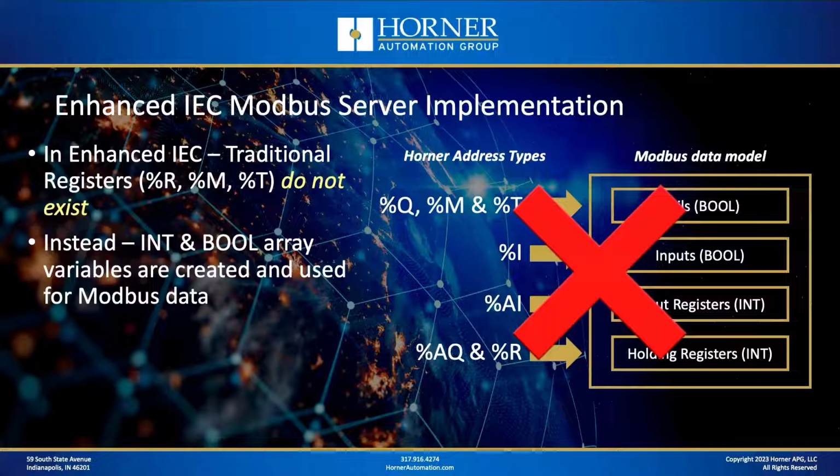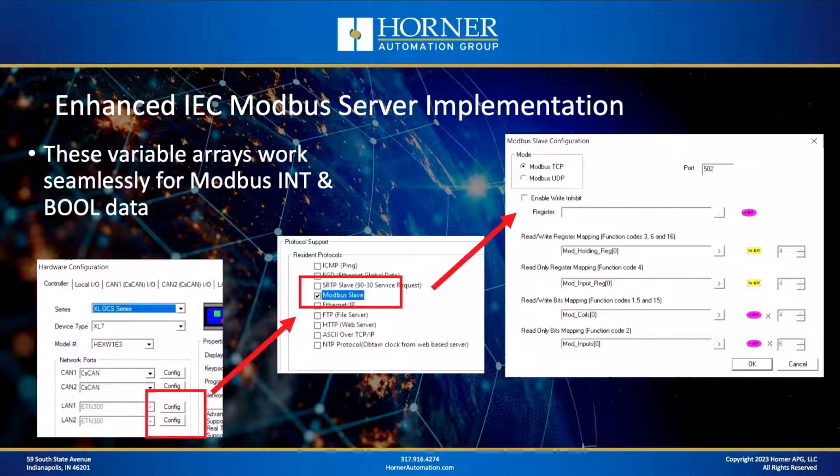Therefore, you can't use the standard memory map between Horner type and Modbus type to make the Modbus implementation work. Instead, what happens is in enhanced IEC, you create 4 different arrays for the 4 different types of Modbus data that's available. And that allows integer and Boolean data types to work really well, seamlessly, really.